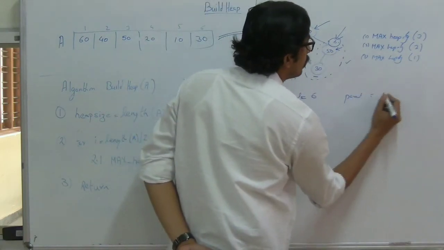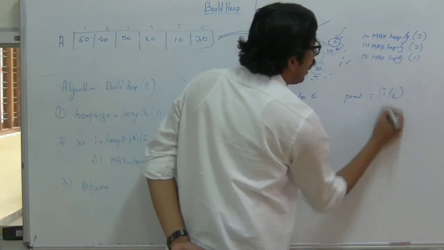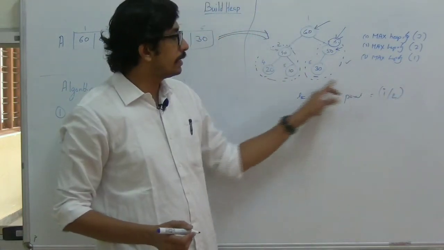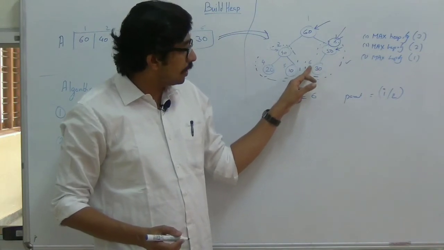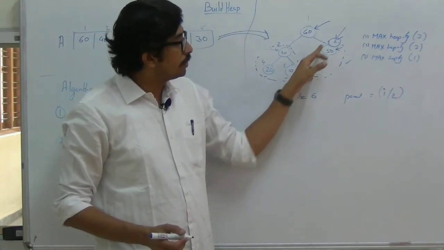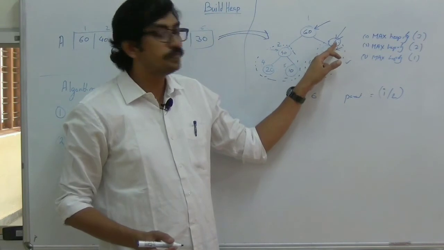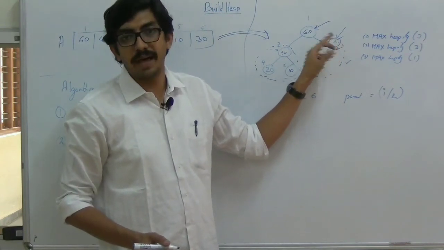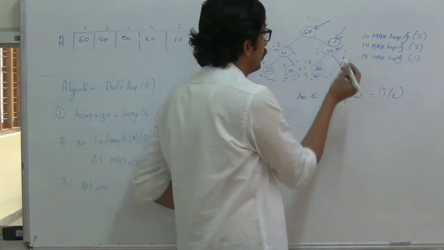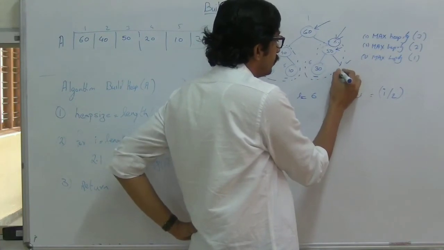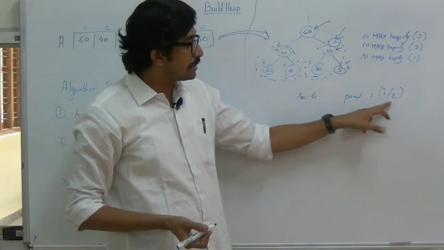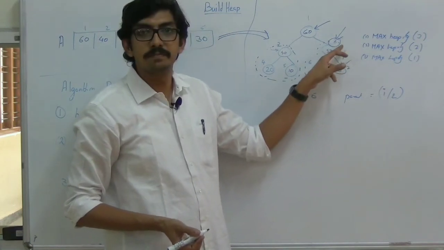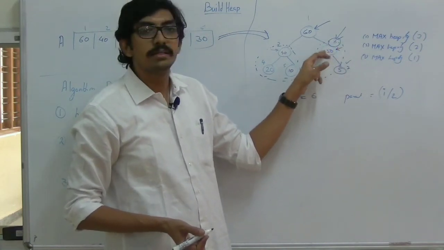It is nothing but i by 2, where i is the index of the child node. So we will find the last child node and divide it by 2 so that we get the index of its parent position. Suppose we had another node, say 5 at index position 7, again we would do 7 by 2, which is 3. So again the parent will be this position.